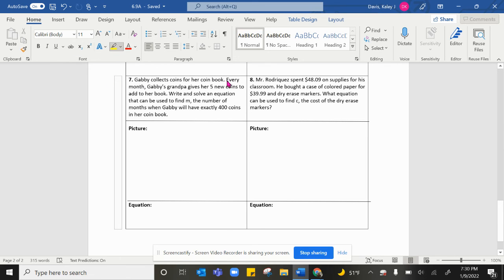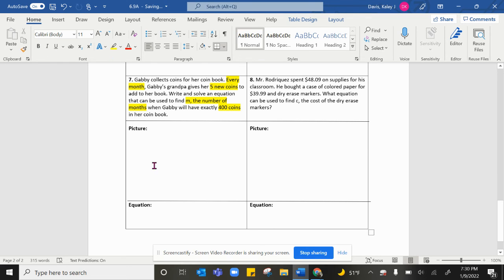So every month, all right, gives her 5 new coins to add to her book. What can be used to find M? The number of months when she will have exactly 400.